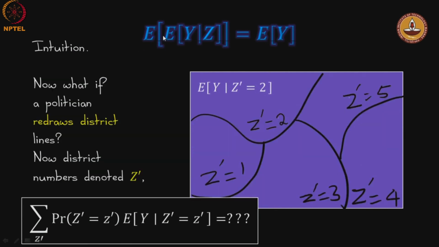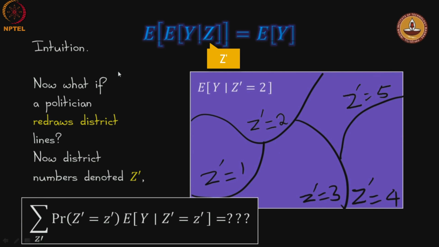Now, let us play with this intuitive thing. What happens if someone comes and redraws the districts? Some politician comes, redraws the districts. So, now it is no longer Z, it is Z prime. So, now again the same, you can still ask what is the expectation of Y given Z prime. Okay.